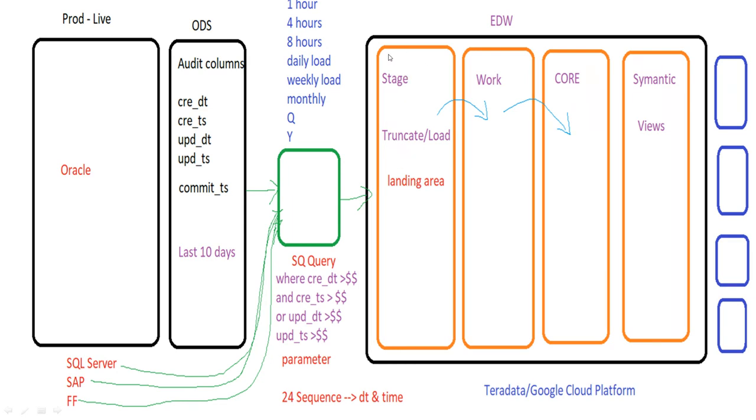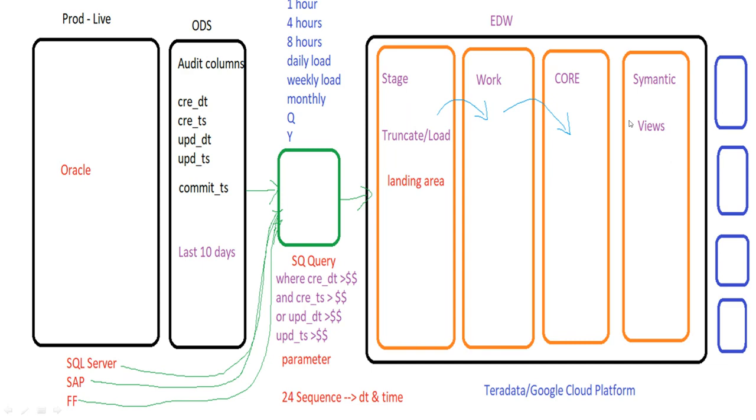This is an enterprise data warehouse modeling. We load the data into the staging area, which is also called the landing area. We do the truncate and load here, and then we go to the work area and do some ETL logic as per our business requirement. We send the data to the core layer, and then we create the semantic views and the data marts.